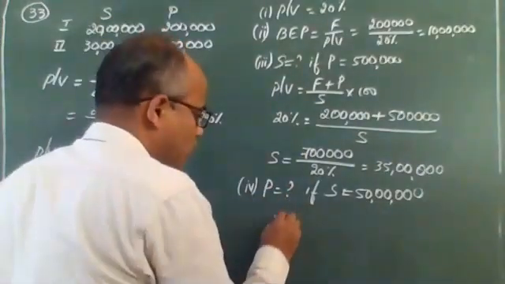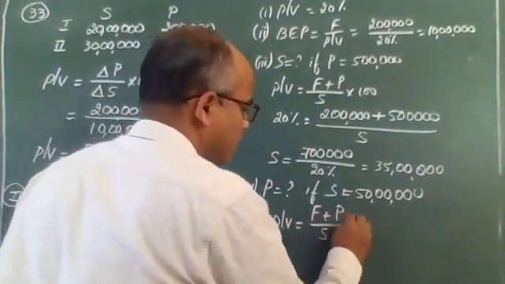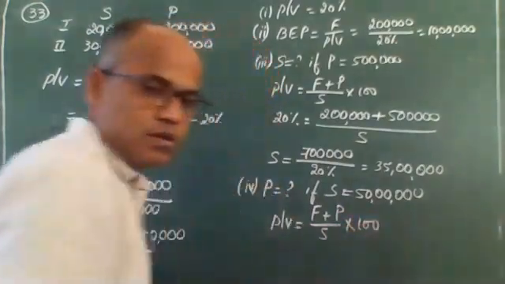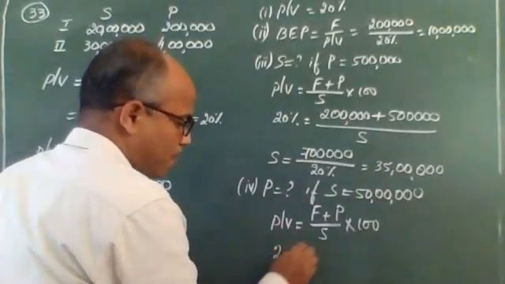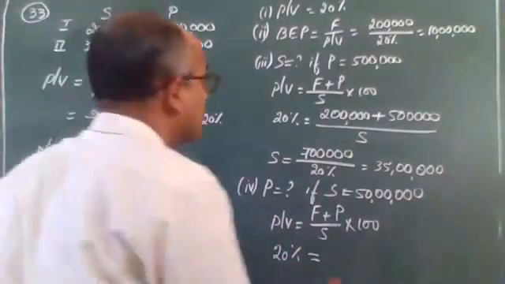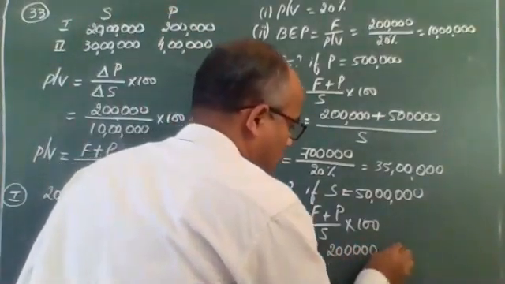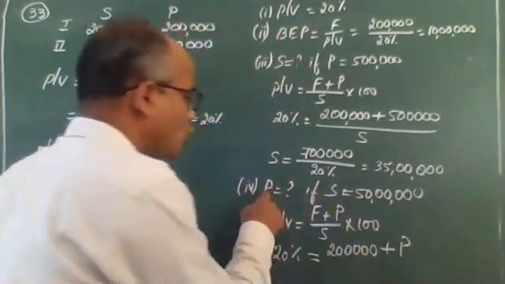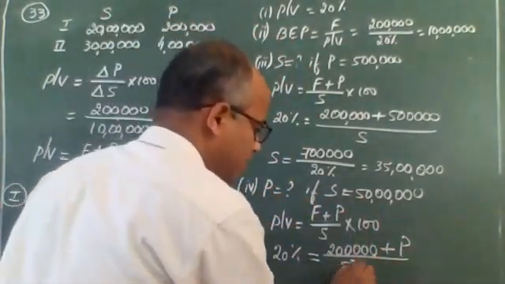PV ratio is equal to F plus P by S into 100. Applying this formula, PV ratio 20% is equal to fixed cost 2 lakhs plus profit, which I don't know, by sales, which is given as 50 lakhs.